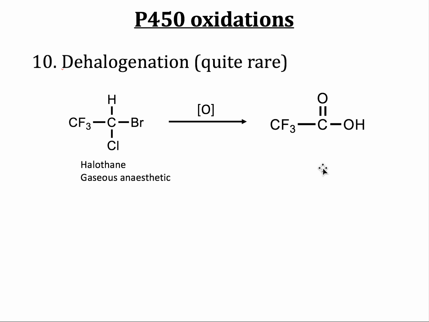Dehalogenation is quite rare. It's the removal of a halogen, so bromine, chlorine. You might be wondering why you can't remove the fluorine here: it's because it's bound to carbon already, so it's much harder to remove. So you simply remove the ones that are removed first. If you want to remove this, you would have to remove a CF3. So you remove the bromine and chlorine, which then you end up with a ketone again.